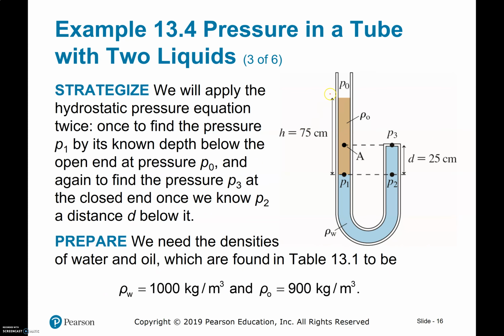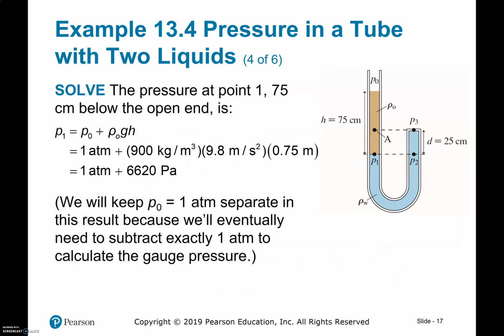So this distance here is 75 centimeters. This distance here is 25 centimeters. For this, we're going to use the density of water, and for this, we're going to use the density of oil. So these points have the same pressure, and this point has the same pressure. We are given density of water and density of oil. You can get that from the book.